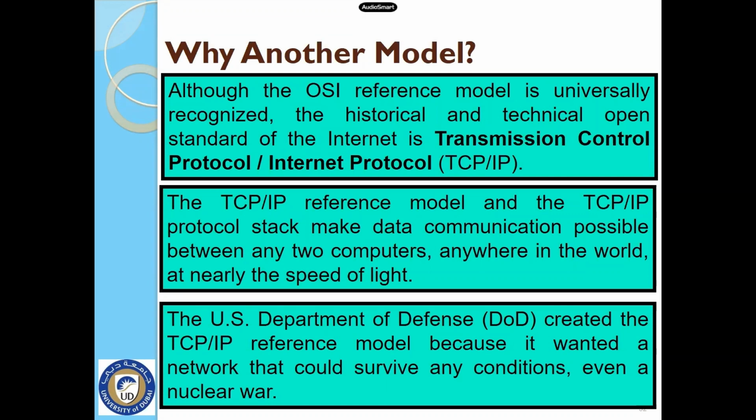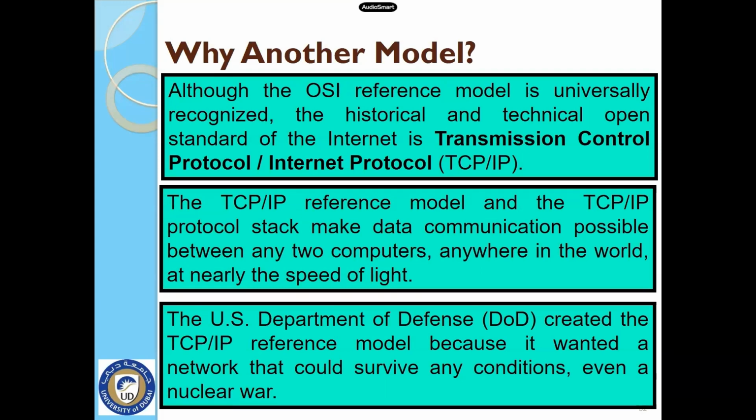So the reference model and the TCP/IP protocol stack make data communication possible between any two computers, anywhere in the world and nearly at the speed of light. So these are the advantages of TCP/IP over the OSI. If you want reliable communication between any two computers with very fast communication, the TCP/IP model is the one introduced.